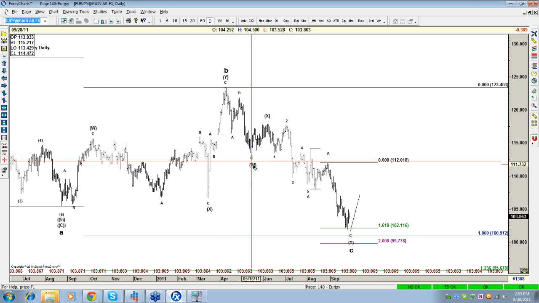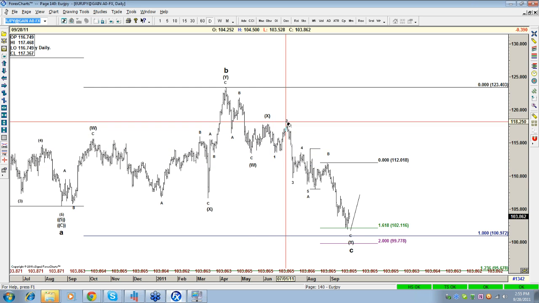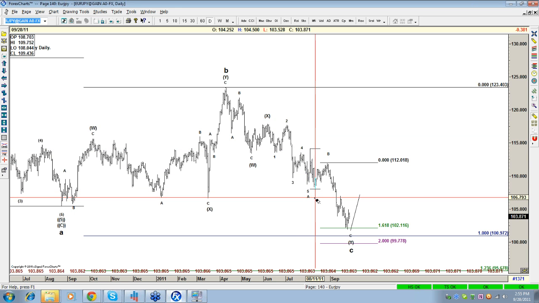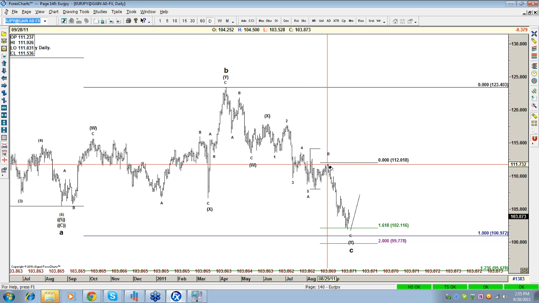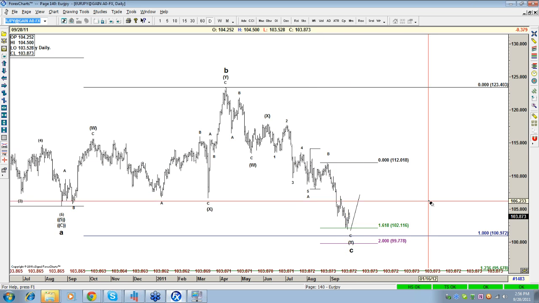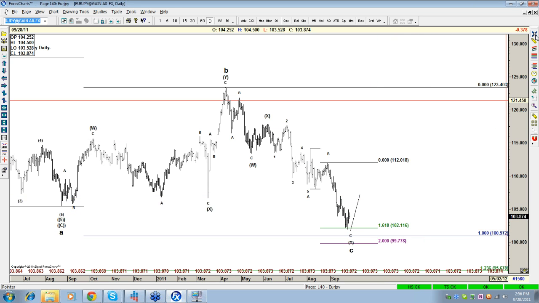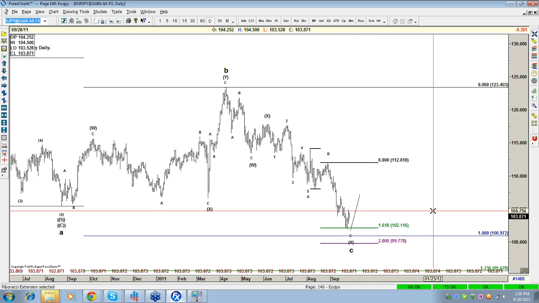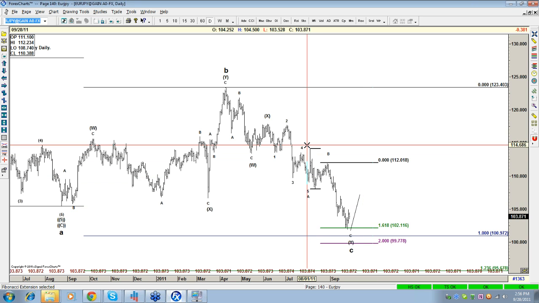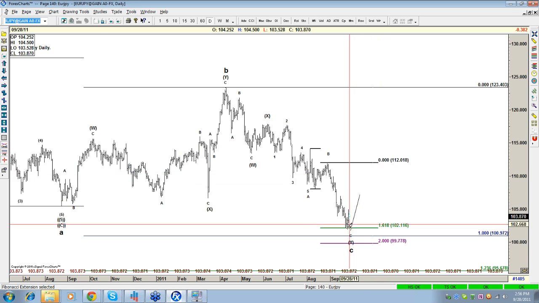Now, let me notice you guys this. A, B, C, W, S, 1, 2, 3, 4, 5, a flat B wave, and another 5. Now, I want you guys to notice that this move right here, if you take a look at this move, is the 1618.